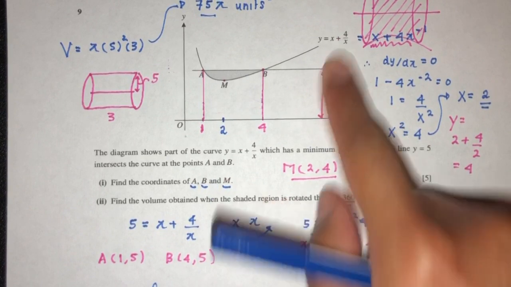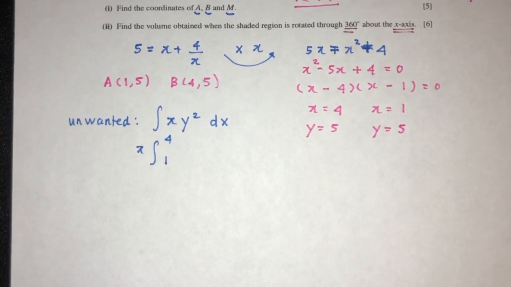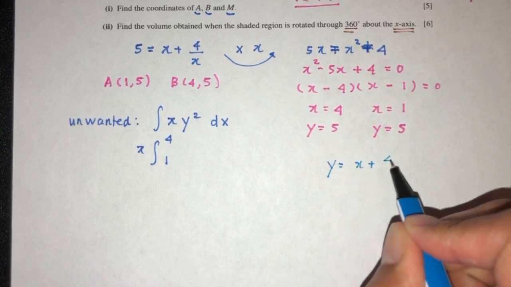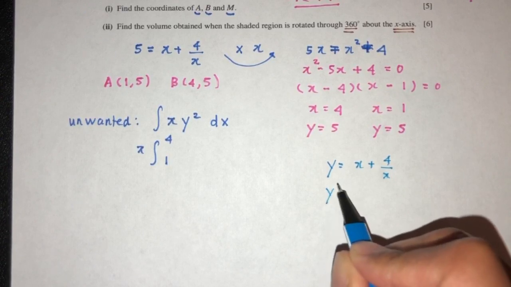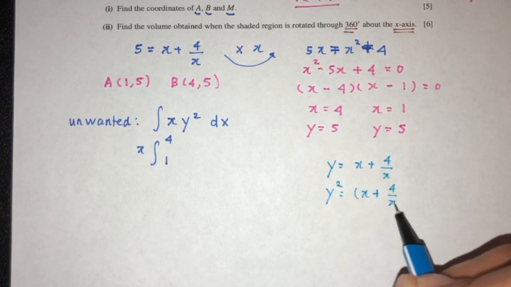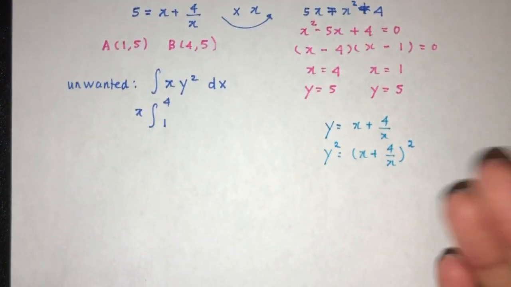y squared is what? So here we have y. Let's find y squared. So let me write this down over here. y is given to you by x plus 4 over x. So y squared will be what? It will be (x plus 4 over x) squared. Now we can expand this, right?